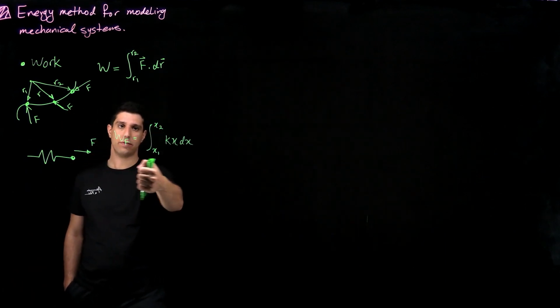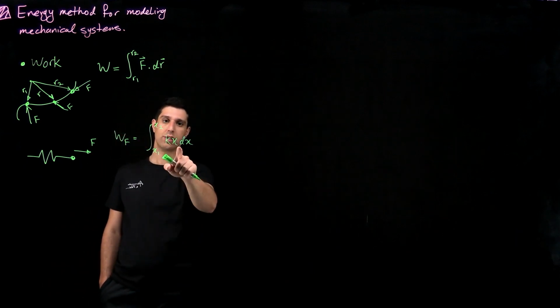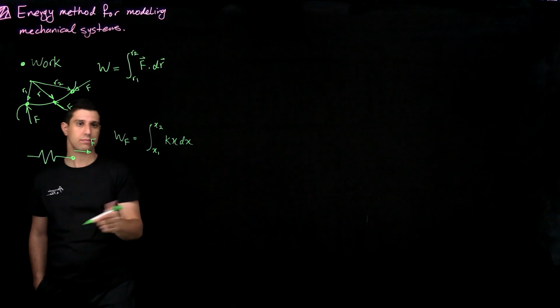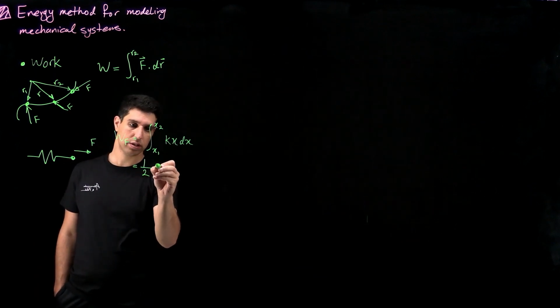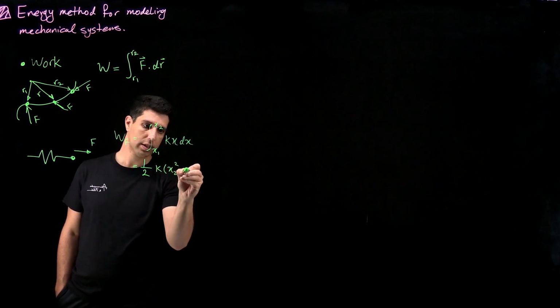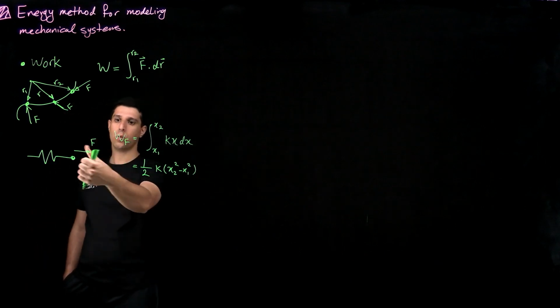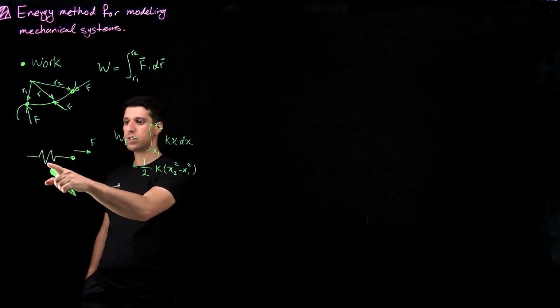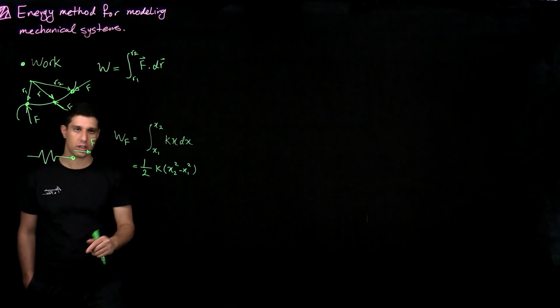And imagine if it is being stretched, force and displacement are in the same direction, so that is positive. And this turns into the famous equation we had, a half k times x2 squared minus x1 squared. And whatever work the force F is doing is being stored as a potential energy in the spring.